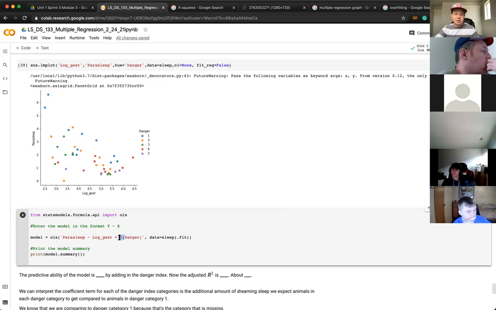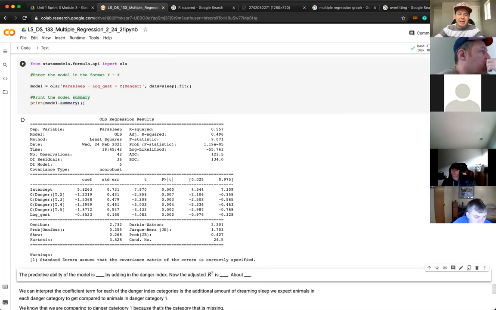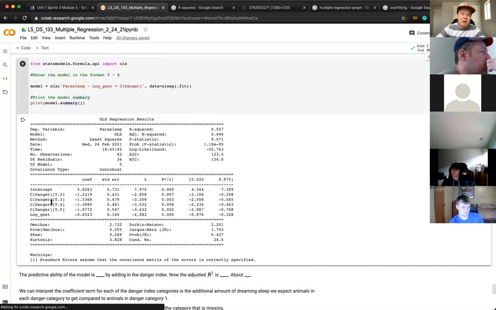So we're going to include these danger columns using the C for category, right? And then wrap danger in parentheses. Okay, and we're going to get an output here for each of the different categories except for one. Remember we had 5 danger categories, but we only have 4 coefficients here.